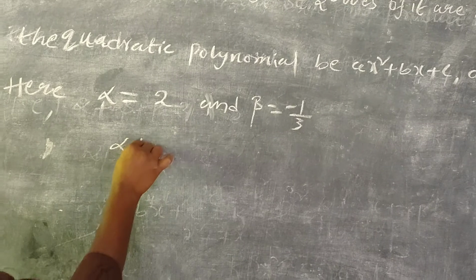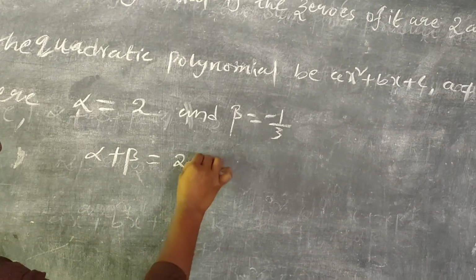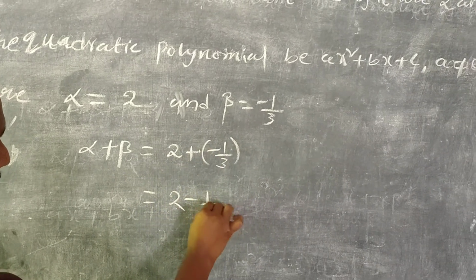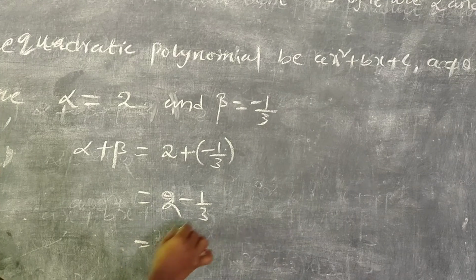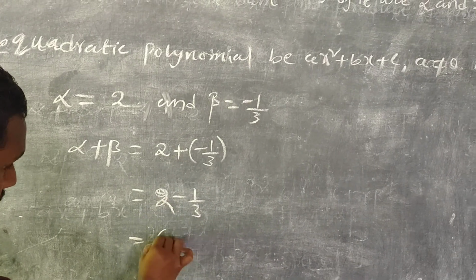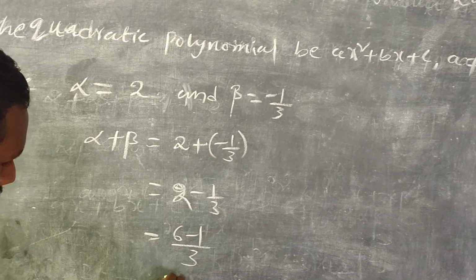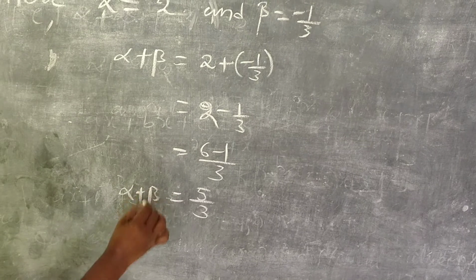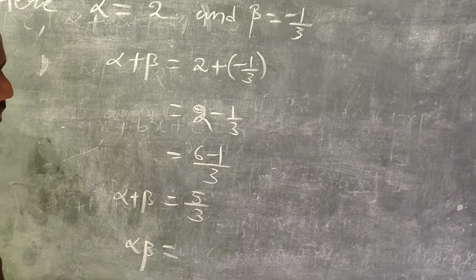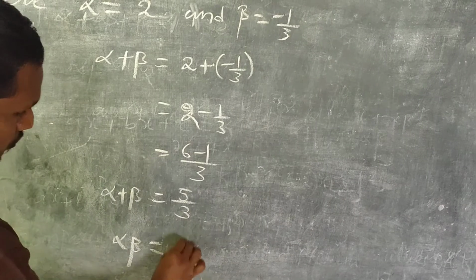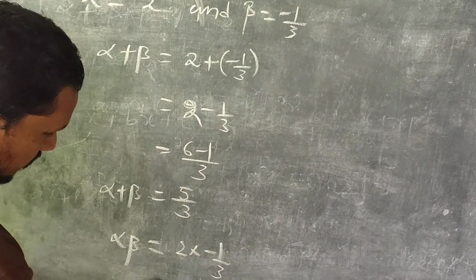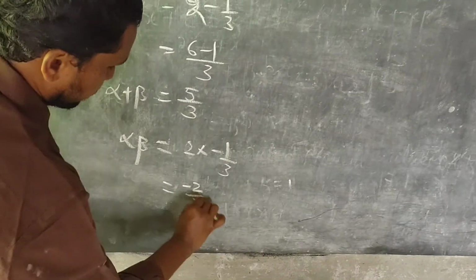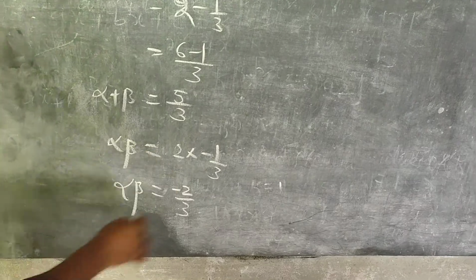So alpha plus beta is 2 plus minus 1 by 3. LCM is 3: 6 minus 1 by 3, that is equal to 5 by 3. The product of the zeros, alpha into beta, is 2 into minus 1 by 3, which is minus 2 by 3.